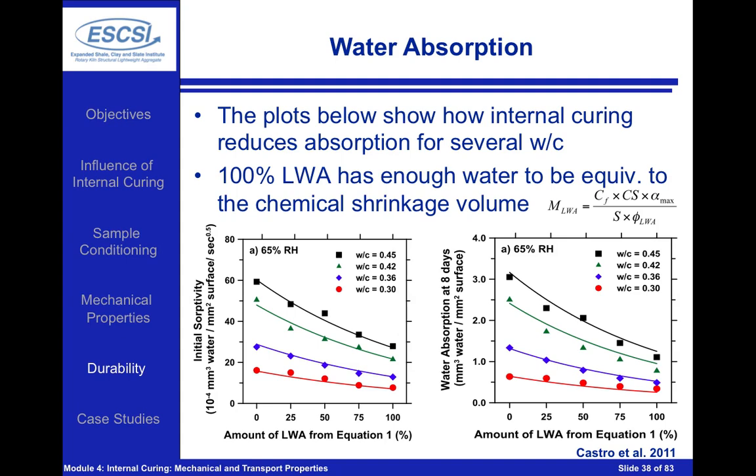This can be directly attributed to the fact that we've hydrated more of the system, so we've reduced the porosity, and we've cut down on the interfacial transition zones inside of those systems. And we can see that for a 0.3, a 0.36, a 0.42, and a 0.45 system, the internally cured concrete has a slower rate of absorption and less overall absorption than we see in the typical system.